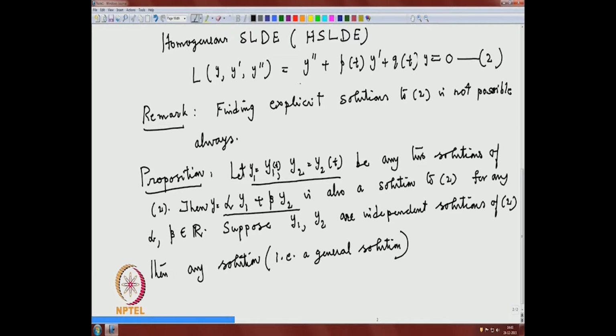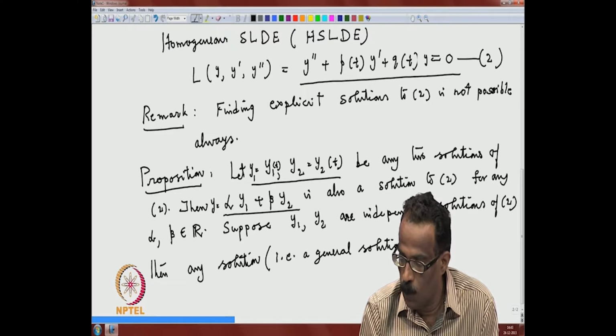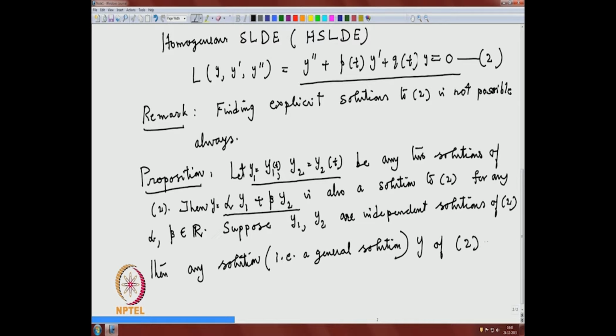We are not talking about the initial value problem; there are no initial conditions prescribed so far. Any solution y of 2 can be written in the form y equal to alpha y1 plus beta y2 for some alpha, beta belonging to R.